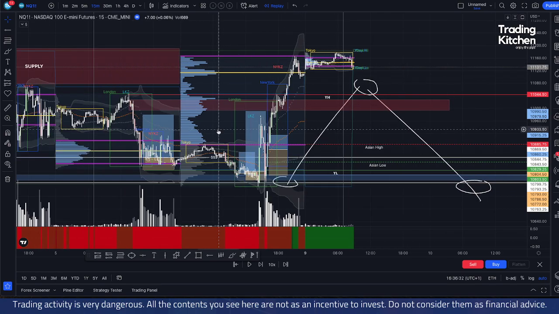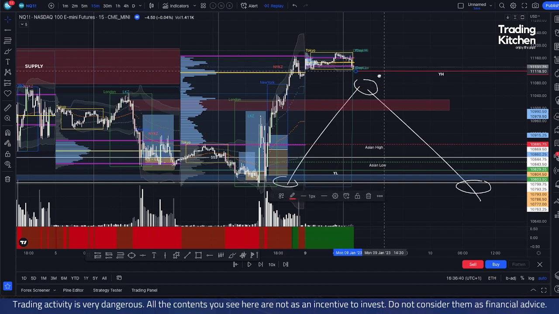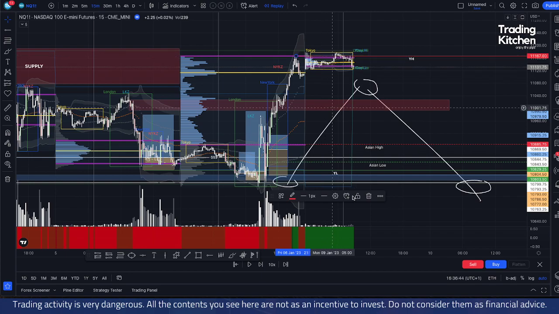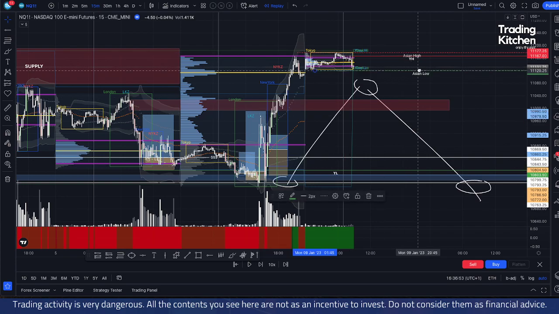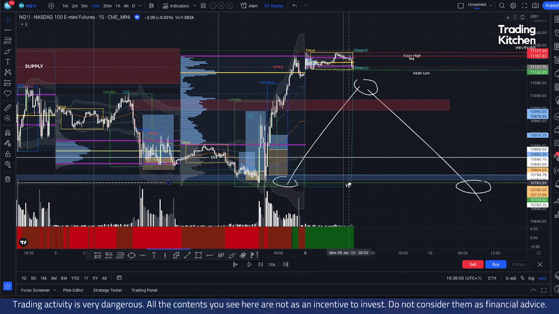So obviously the trend has changed, and now we are clearly bullish. Okay, there is no doubt about it. We have yesterday's high, here the Asian high, the Asian low, and yesterday's low here.